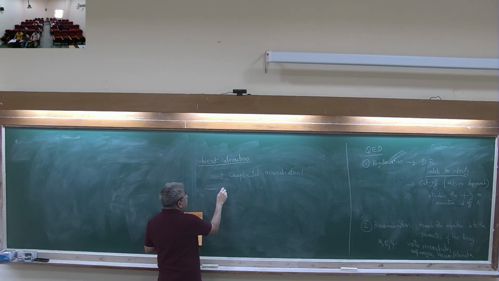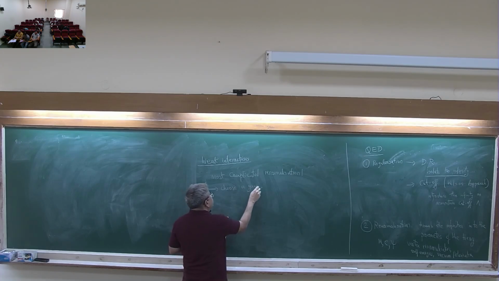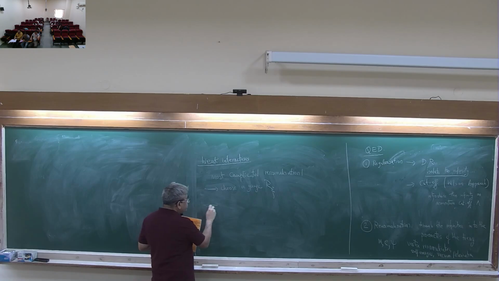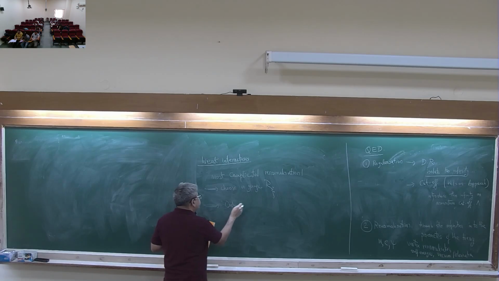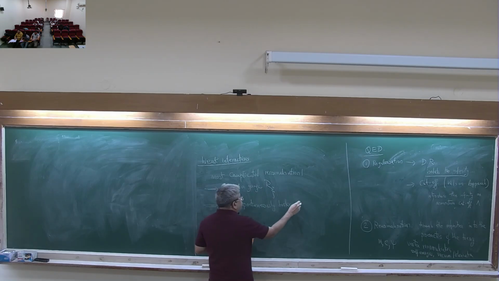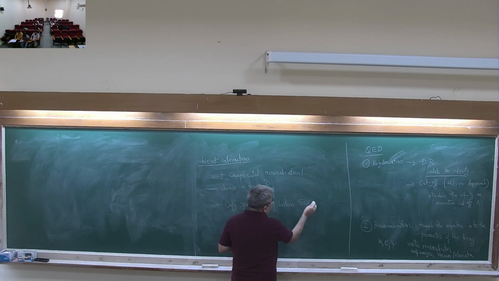And here you choose a gauge, mostly worked in R-xi gauges. Only spontaneously broken SU2 cross U1, or non-abelian gauge theories.